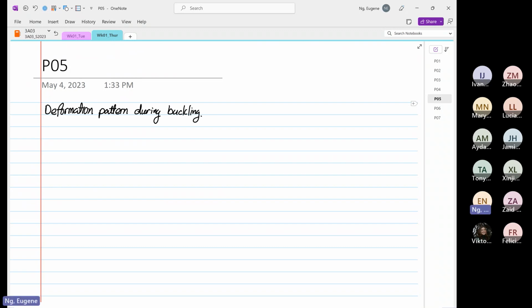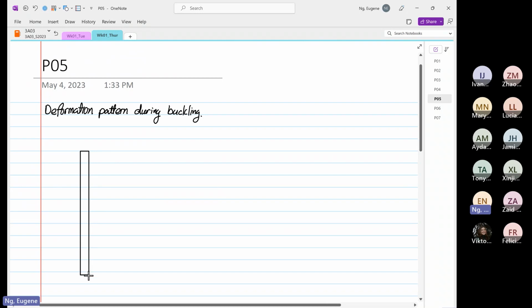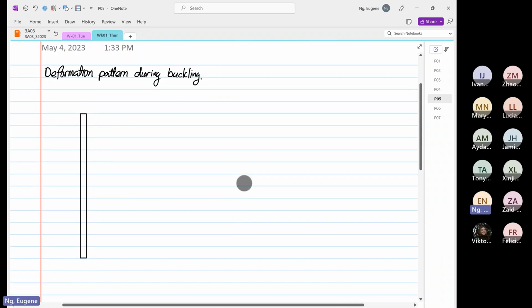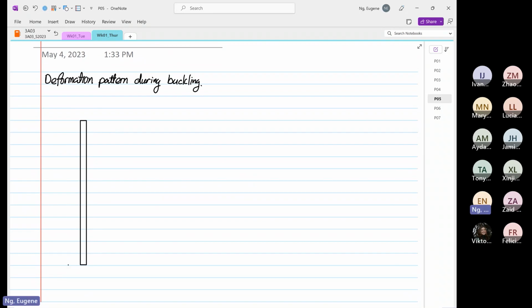Now, usually in buckling, our structure is very thin. So this is our structure. It's long, thin, with small cross-sectional area, and at the bottom it is built in. And as I mentioned before, we're going to apply a load.